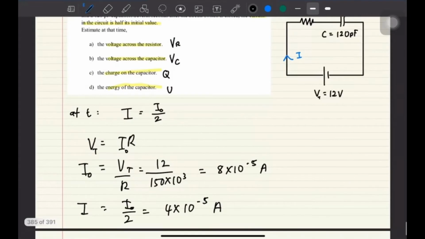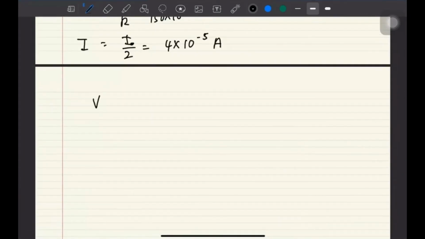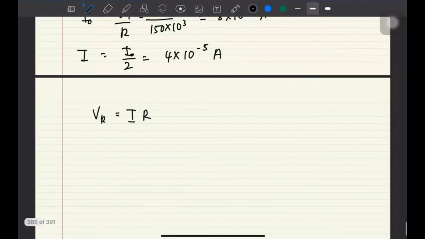So because the question want to find VR, so I can use VR sama dengan I at that particular time with R. Ini macam berpusing-pusing sikit kita buat kan. So VR tu sama dengan kita pakai I at that particular time. Itu beza dia lah. Kalau kamu pakai yang 8 tu, pergi balik ke yang maksimum tu.